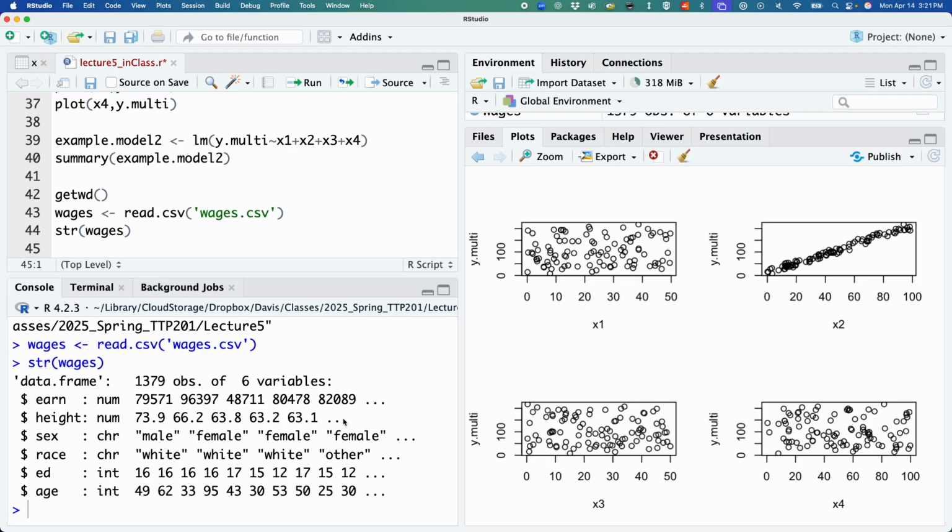Within this data set, I have 1,379 observations across 6 variables: earnings, the annual earnings of each individual; the height of each individual; the gender; the race; education, as in the number of years of education; and then the age of the individual.